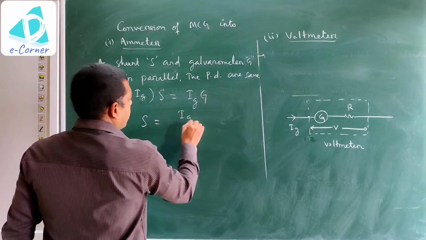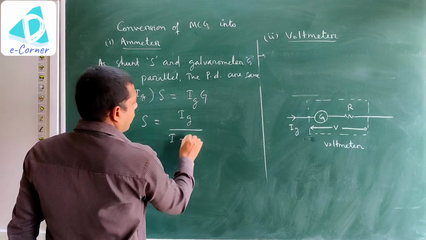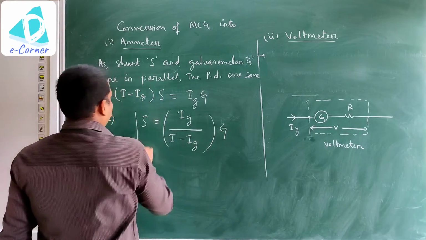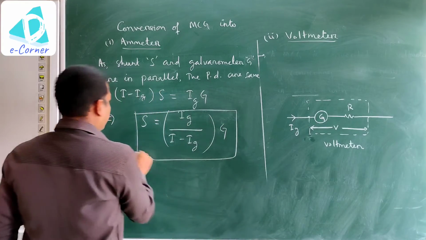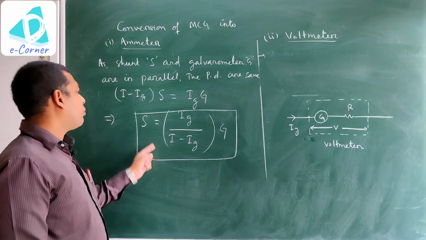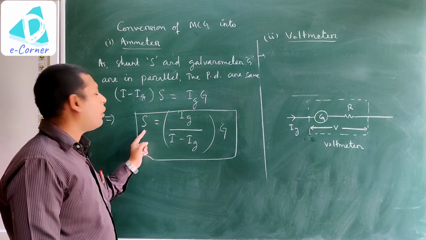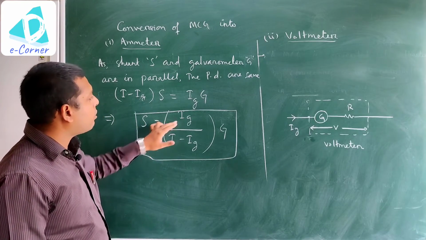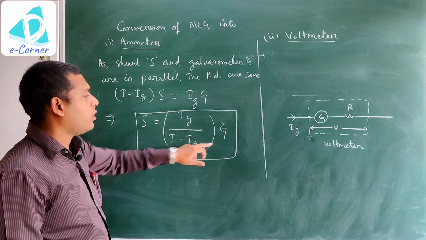S is equal to Ig divided by I minus Ig, whole into G. This is the expression from where we can get the value of shunt, or low resistance.